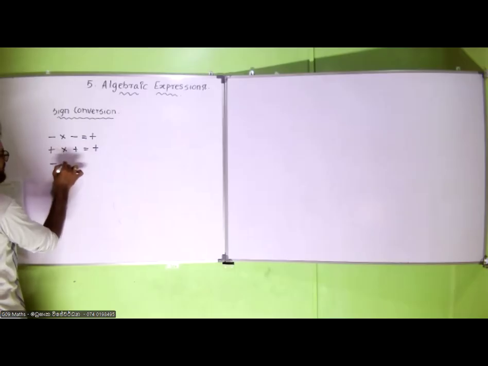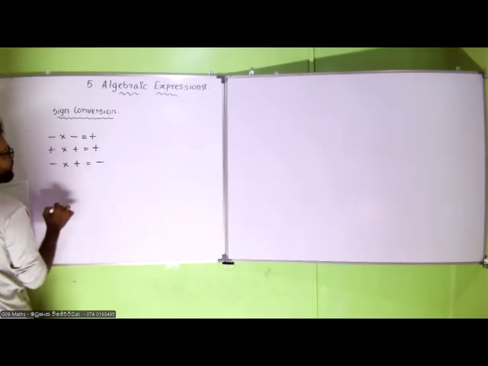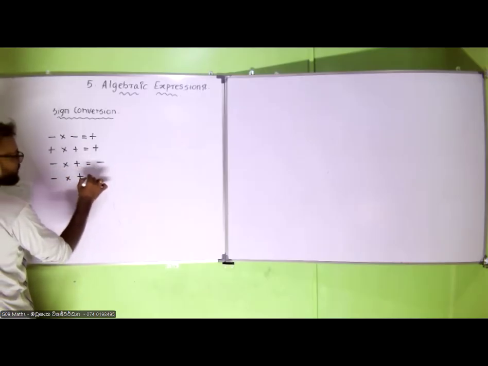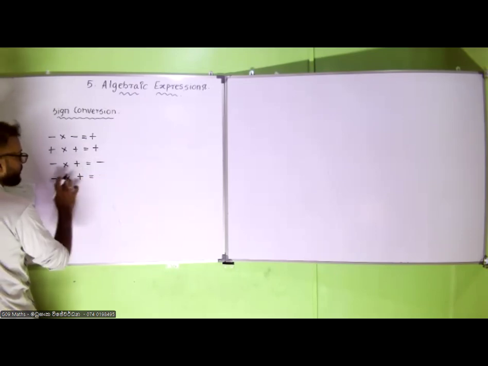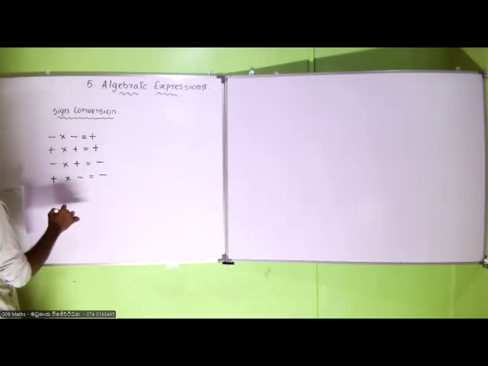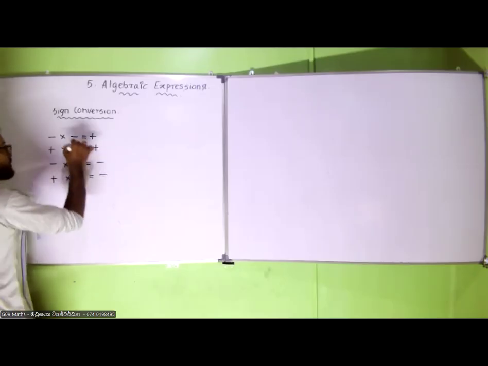And different signs, negative number multiplied by positive number, negative number. Positive number multiplied by a negative number, again negative number. Different signs will give you negative.